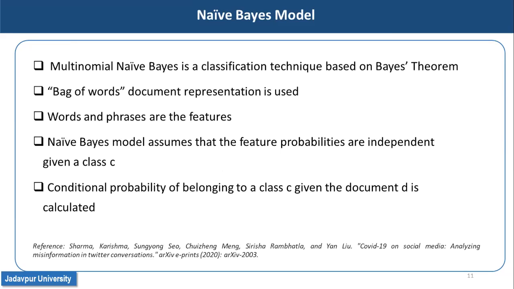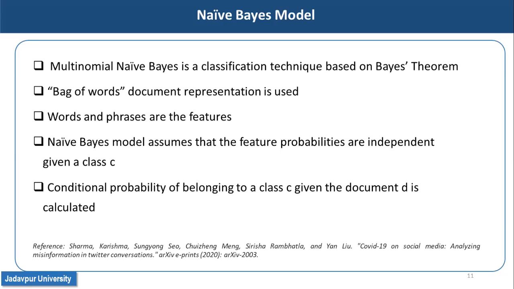The documents can be represented by a document D, and the words and phrases here are the features, and the feature probabilities are independent given that the document generates a class C. So document D has been given a class label C, and the naive Bayes model assumes that the feature probabilities are independent given a class C.